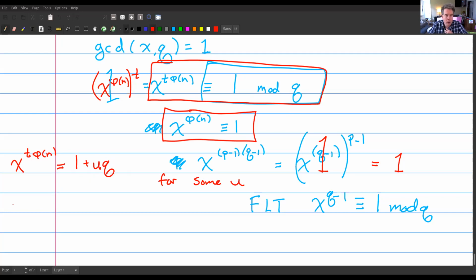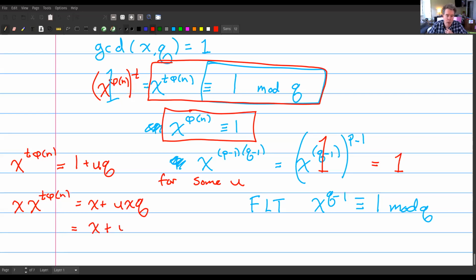So now multiply both sides of this expression by x. So you get x times x to the t phi n is equal to... I'm multiplying in x. Maybe I should just do this slowly. So this is x plus uxq. But remember that x is equal to r times p.